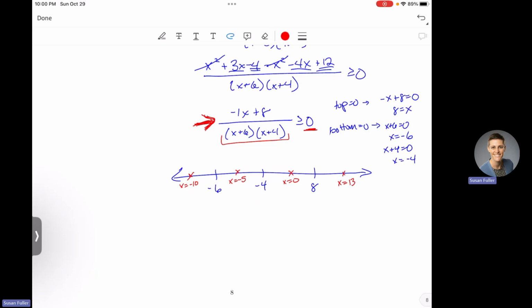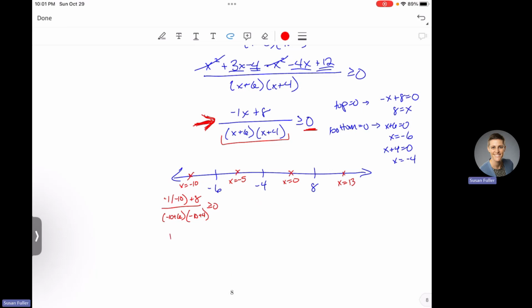So when I plug -10 in, you get -1 times -10 plus 8 all over -10 plus 6 times -10 plus 4. My inequality says that should be greater than or equal to 0. We'll see if that's true or not.